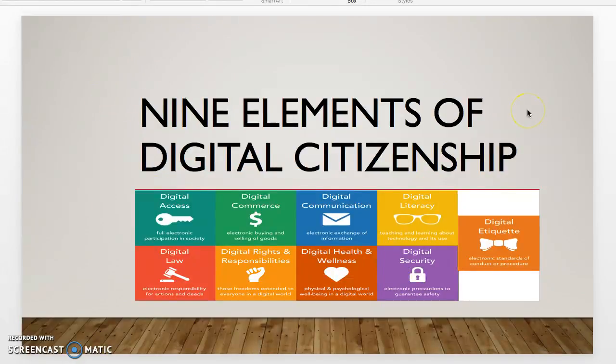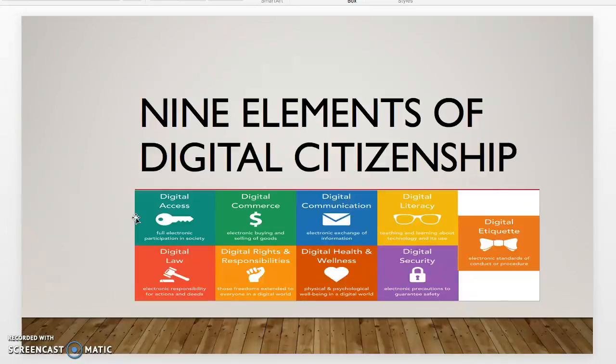The 9 elements of digital citizenship are as follows: digital access, full electronic participation in society. We have digital commerce, electronic buying and selling of goods, digital communication, electronic exchange of information.